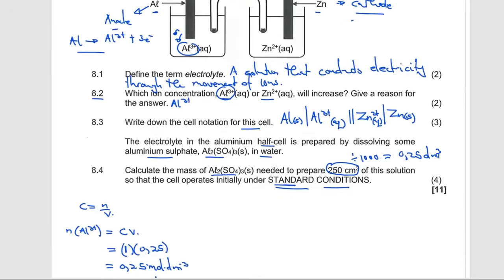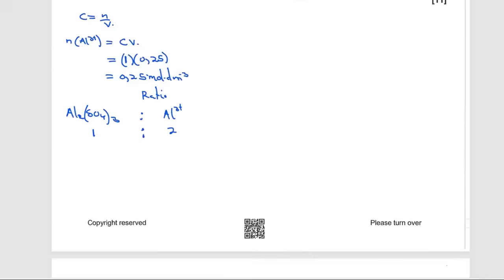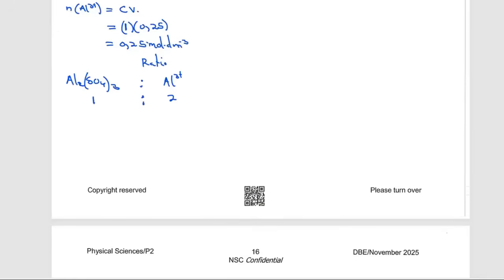If I'm having 1 is to 2, then how many moles do I have here already? It's 0.25, right? So this side is double that one there. So I'm supposed to say 0.25 divided by 2, or just multiplied by a half to make our lives easier. If we divide by 2, 0.25 divided by 2, I'm going to get a value of 0.125, right? So these are the moles that we're having for Al2(SO4)3, right?